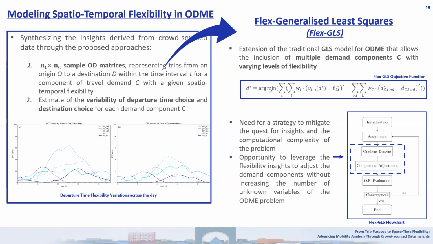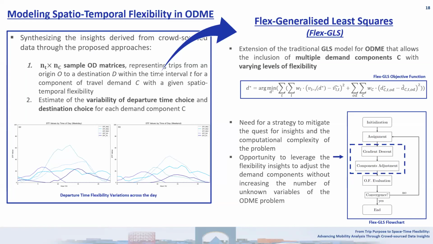So from the previous approach that has just been presented, I wanted to recap what are the two main insights that we have obtained from our crowdsourced data. The first thing is, of course, a various number of sample origin destination matrices, which will represent trips from one origin to one destination within a certain time interval for a specific component of travel demand, which represents our previous macro activity.